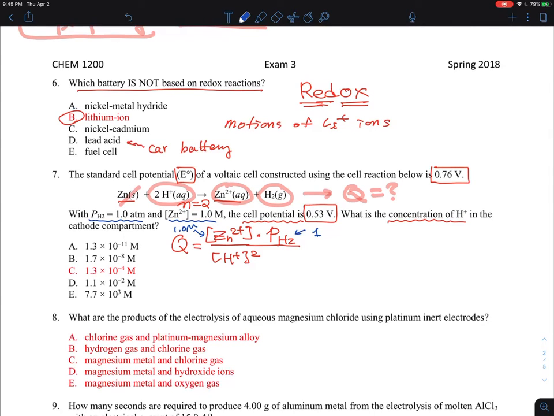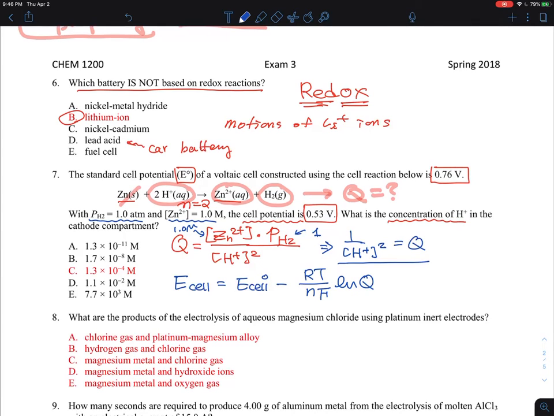So the problem is much simpler now. This becomes the H plus squared concentration, and that becomes our Q value. And then E cell is E cell naught minus RT over nF ln Q. What's my E cell?